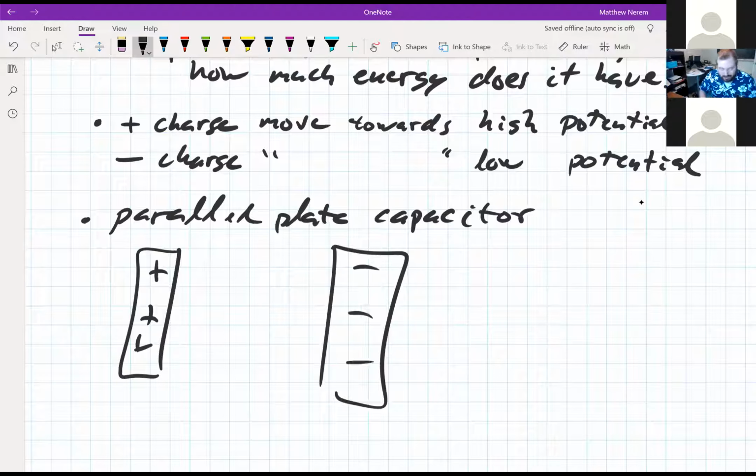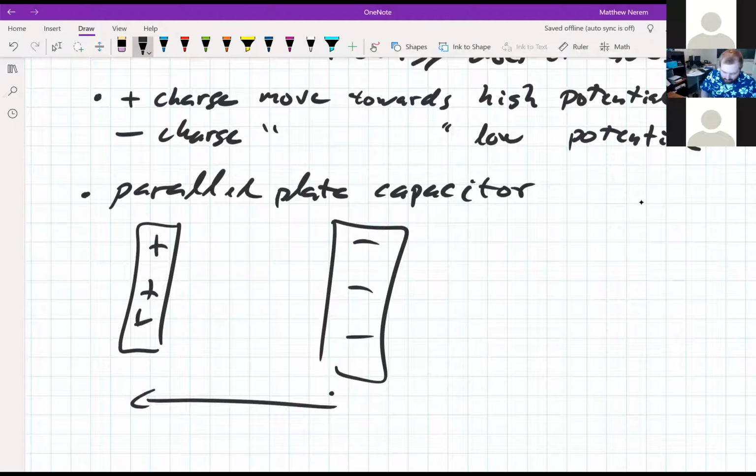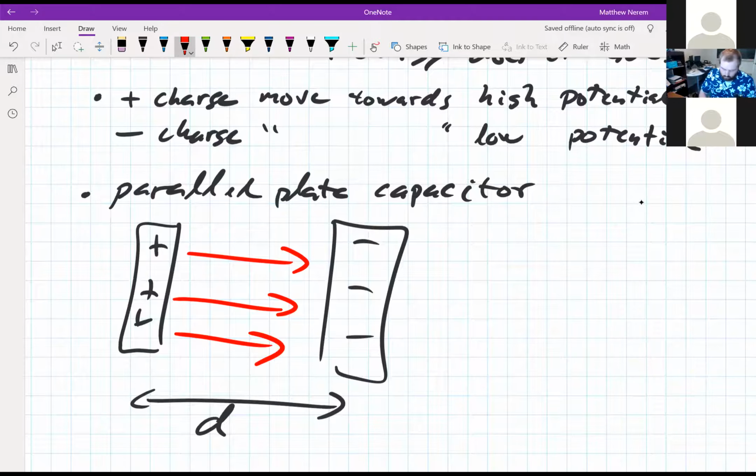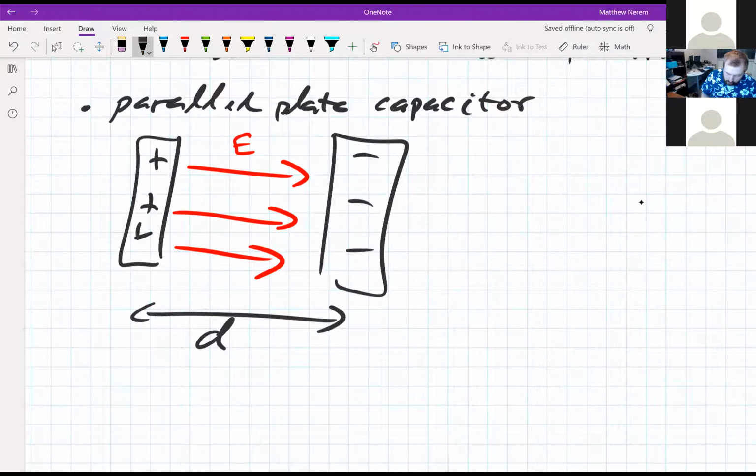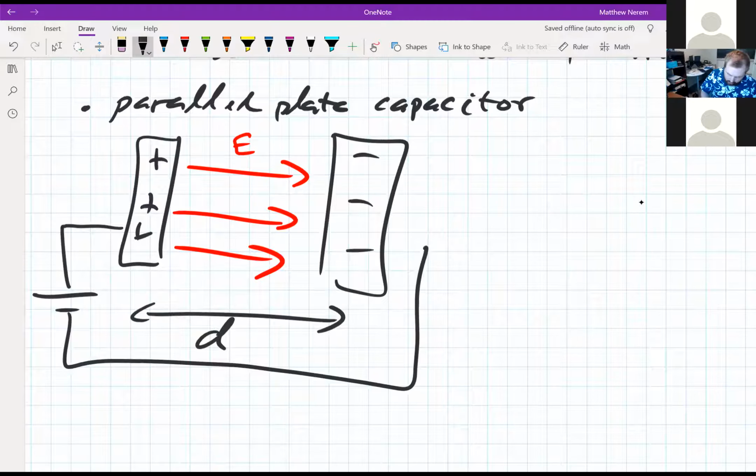We'll have two plates separated by some distance d, and it'll create a uniform electric field across it. And one way to do this, take two plates, you stick a battery on it, and there's the voltage that's providing the potential difference.